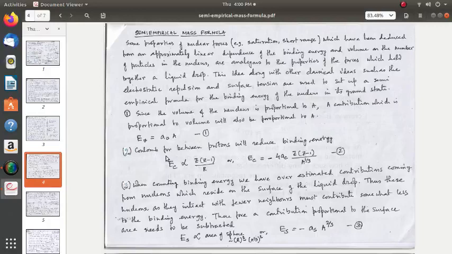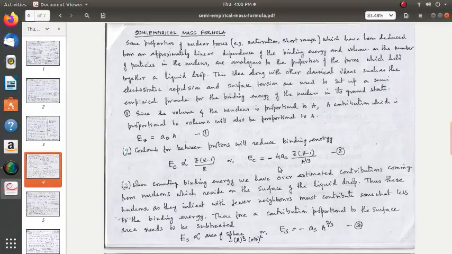But there are Z protons, so (Z-1)/R has to be multiplied by Z.